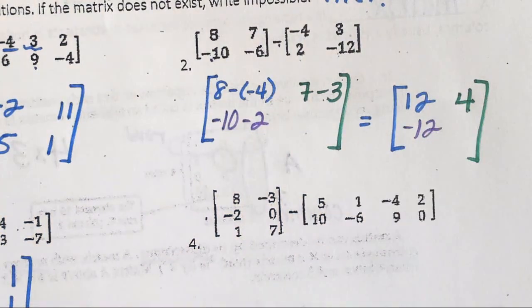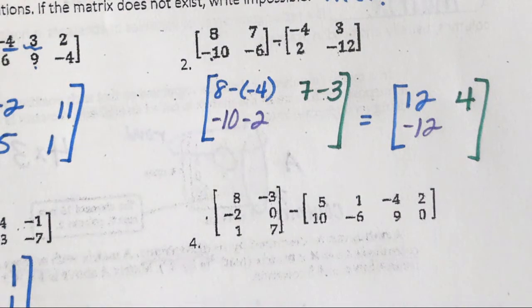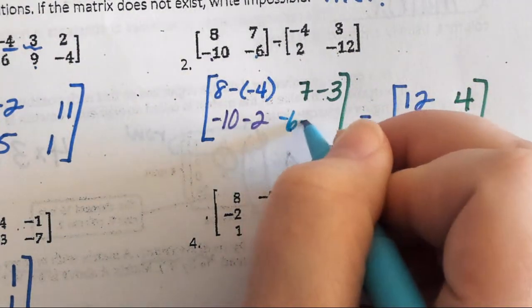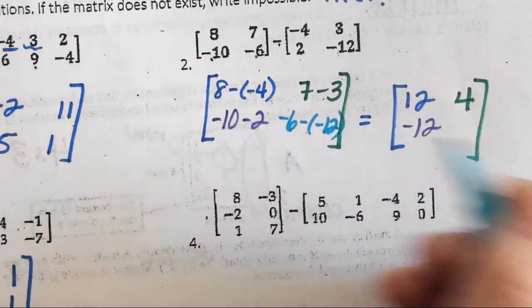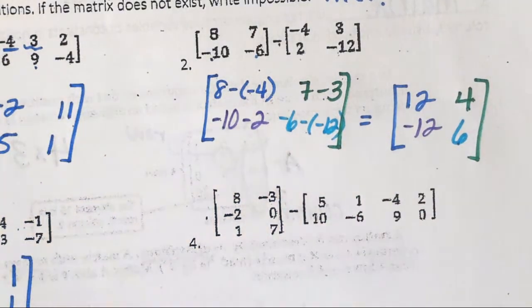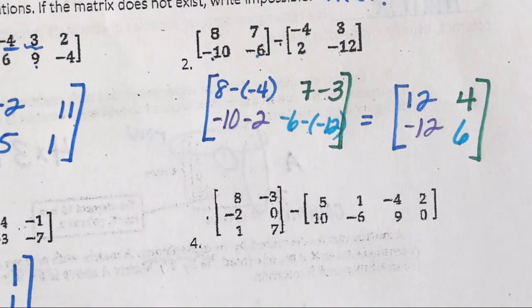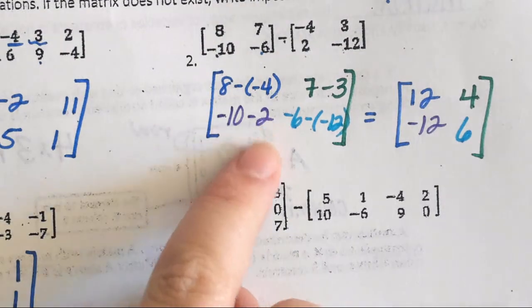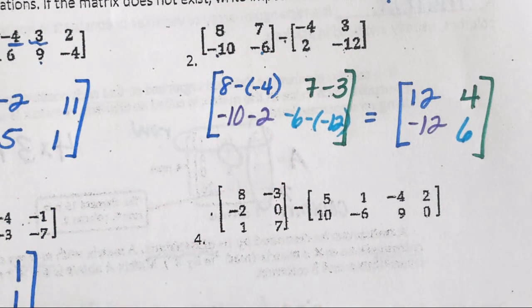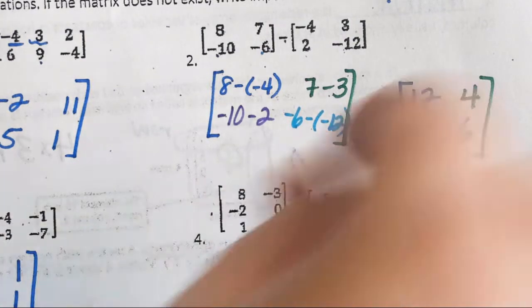And for my last entry, I'm doing -6 minus -12. So it ends up being 12 minus 6, which is just +6. Okay, so if you want to write it out like I did in number 2, that's great. But I tend to just do these in my head, and it's great with me if you're doing these in your head as well. It doesn't matter.